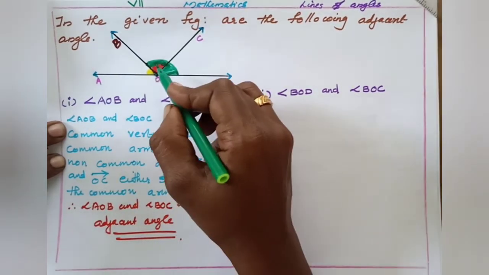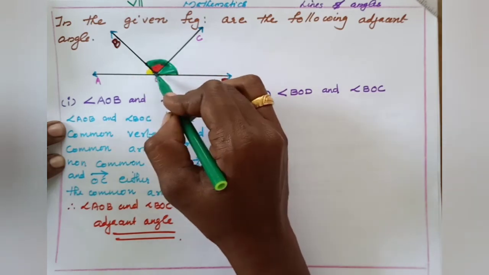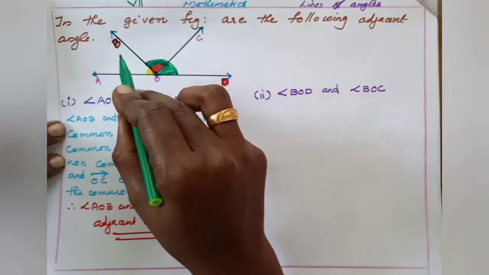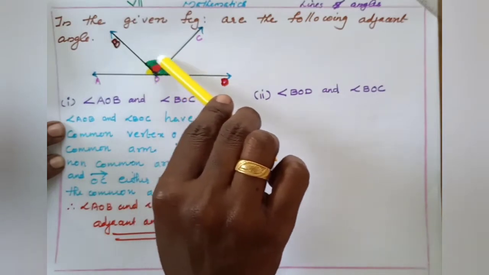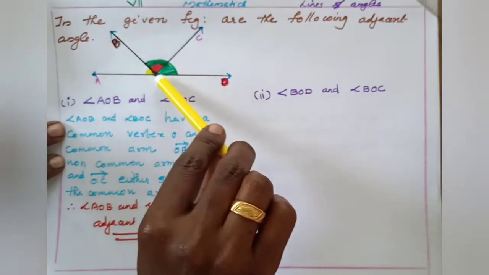Angle BOD and angle BOC, the red color portion shaded, only the red portion, this portion is BOC. Are BOC and BOD adjacent angles or not? We know adjacent angles have a common vertex. Which is the common vertex? See, this green color shading is one angle BOD.